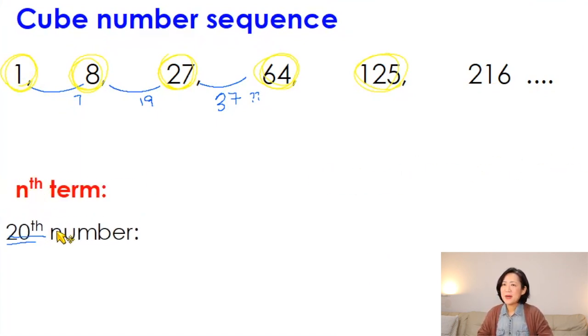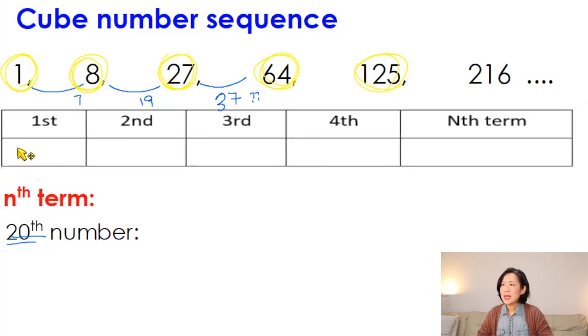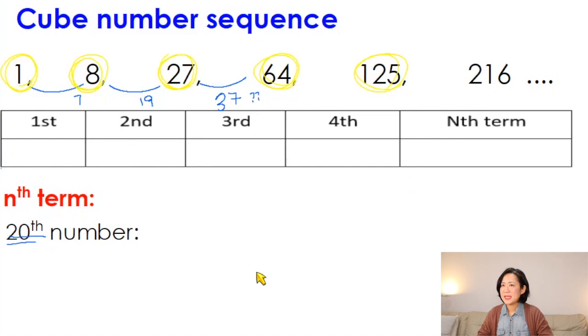Now let's find our formula for cube numbers. It's the same as for square numbers. We need to find the pattern between n and the numbers. First number, when your n is 1, then for a cube number you multiply 3 times. 8: your n is 2, 2 times 2 times 2. 2 cubed is 8.